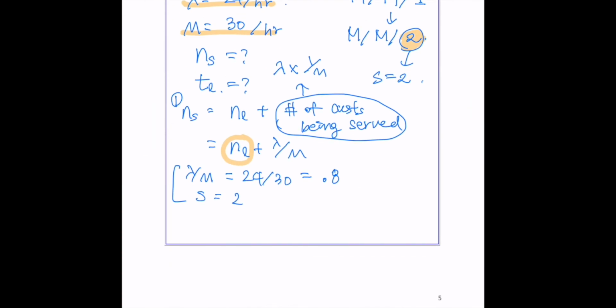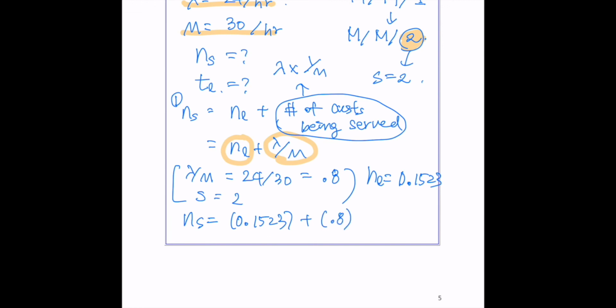Okay, so let's go back here. So now we got NL. NL equals 0.1523. And here it says that the number of customers in the system is this NL, 0.1523, plus lambda over mu, which we already calculated as 0.8.